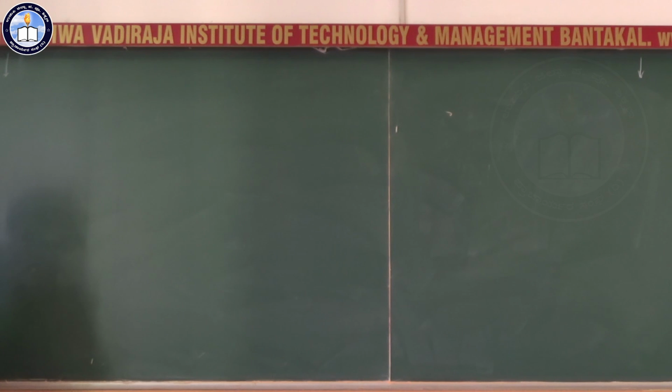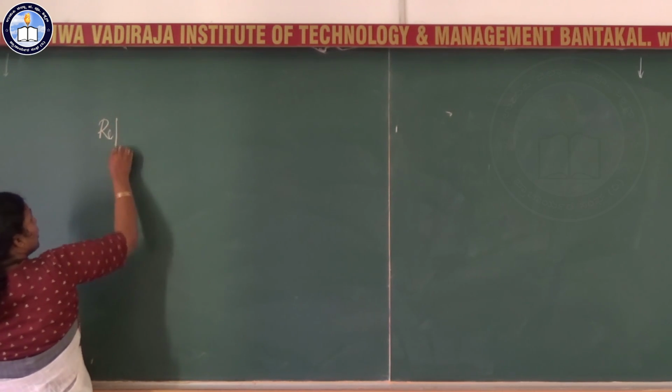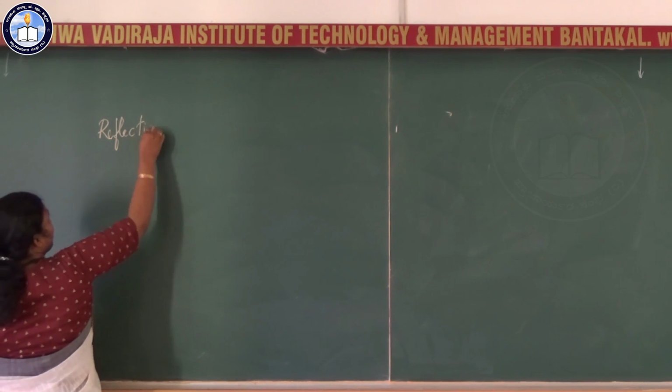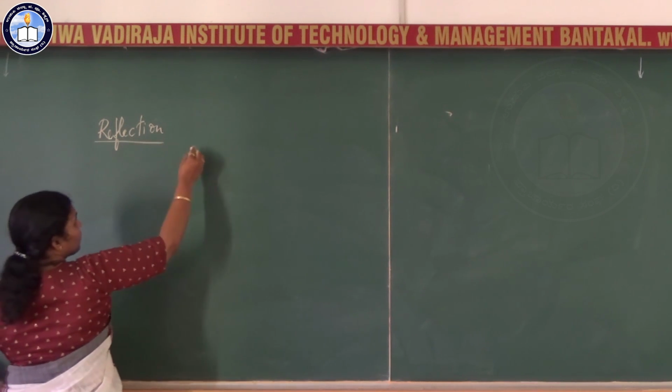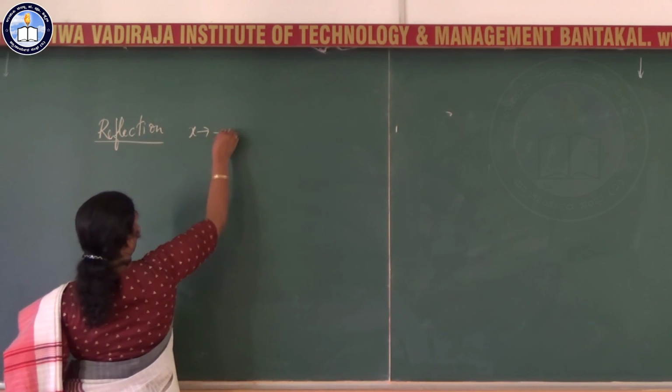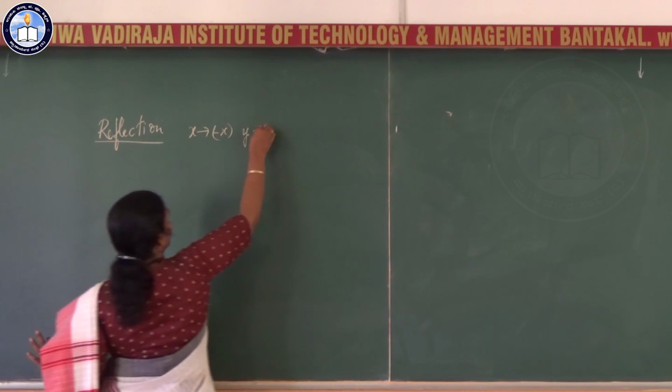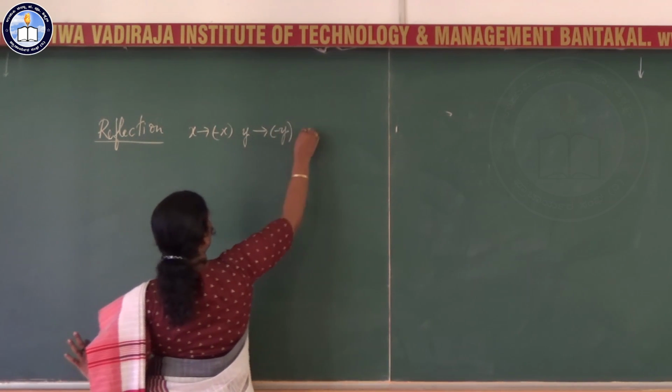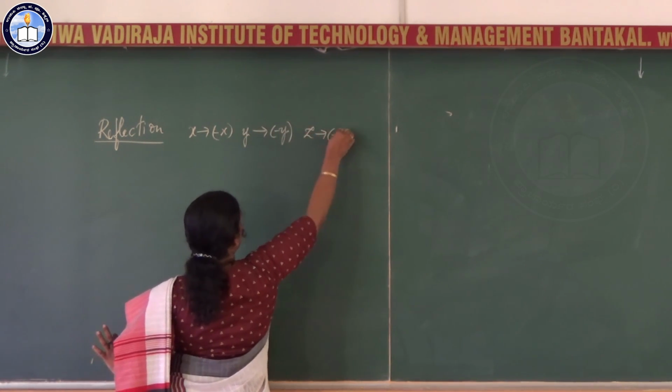Okay. One more property of vector product. What happens to vector product under reflection? What do you mean by under reflection? X goes to minus x, y goes to minus y, z goes to minus z.